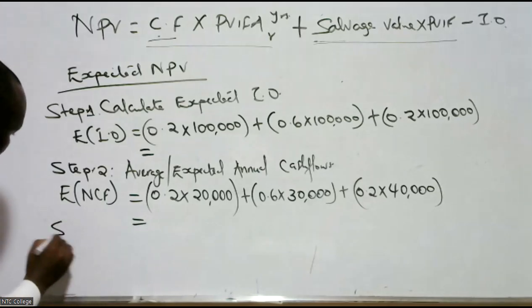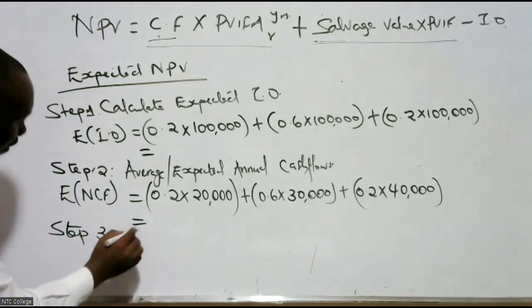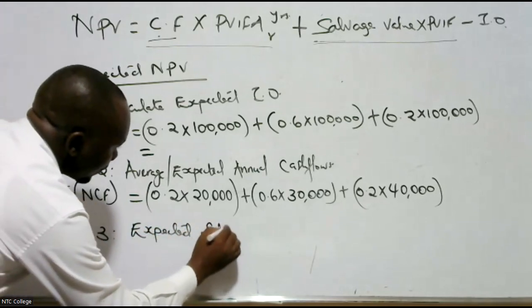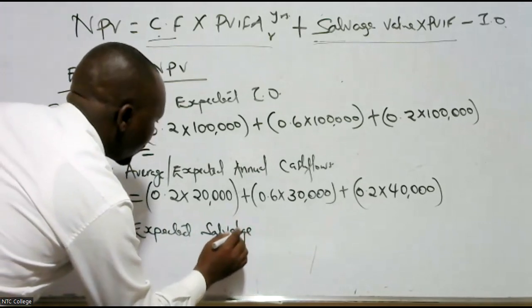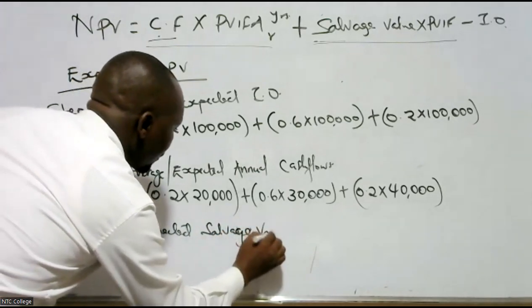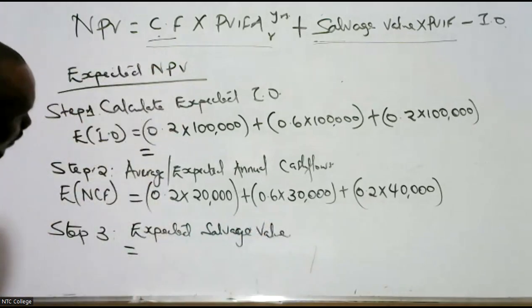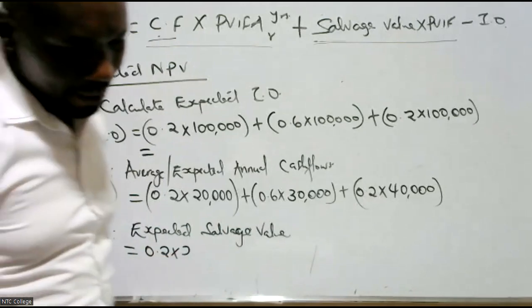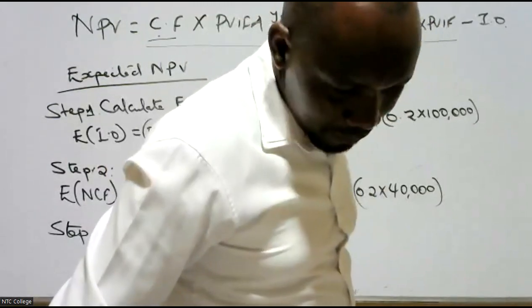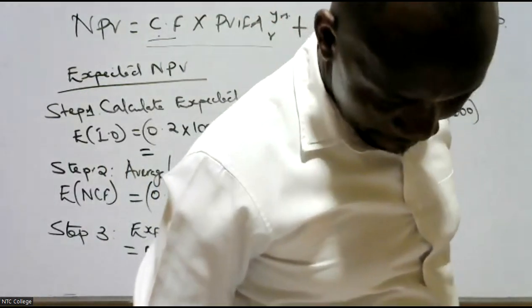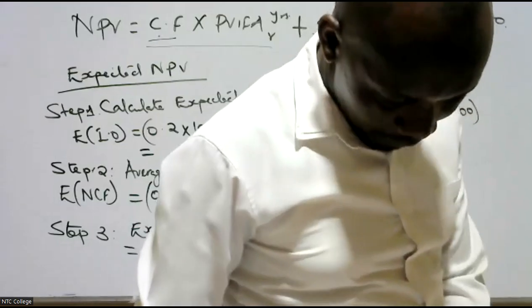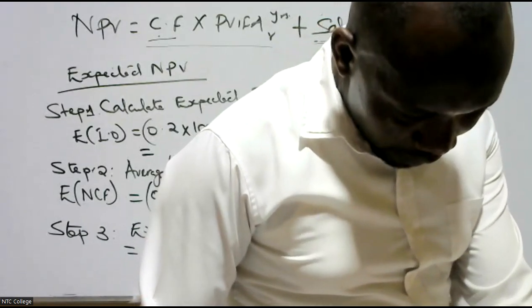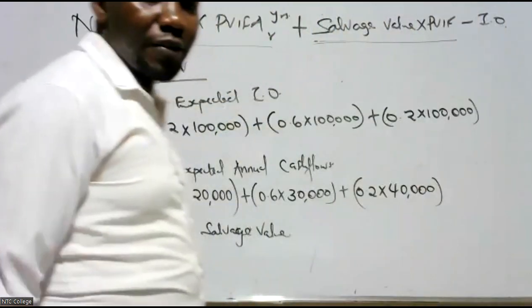So you say step 3, expected salvage value is given us the probability times the salvage value. What are we given as the salvage value?